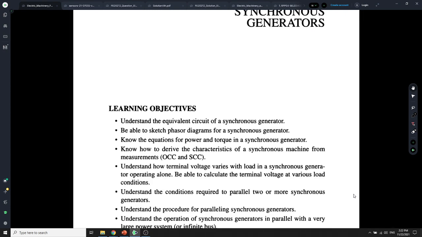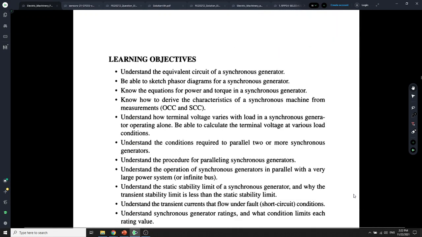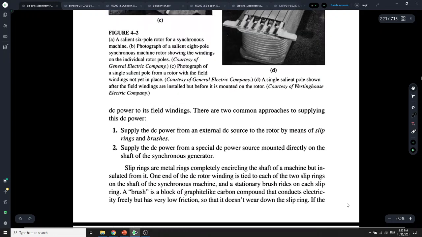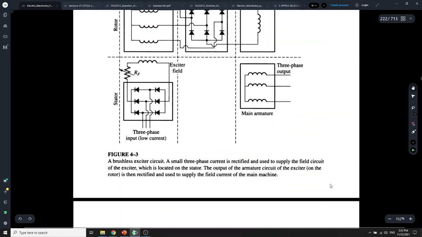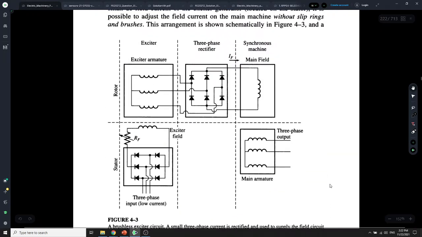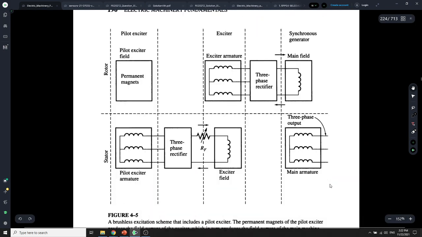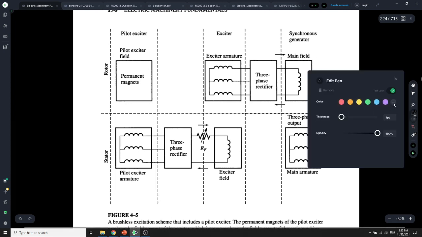I just want to share with you a generator that generates the magnetic field without using a power supply. That is very interesting. We just looked at this one, and there is another one at this point. This is very interesting. You look at this.